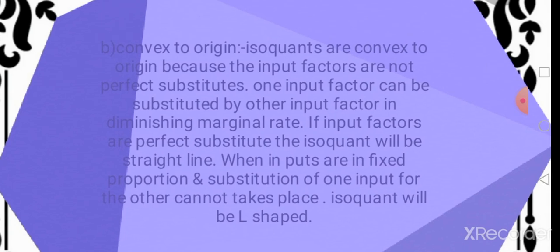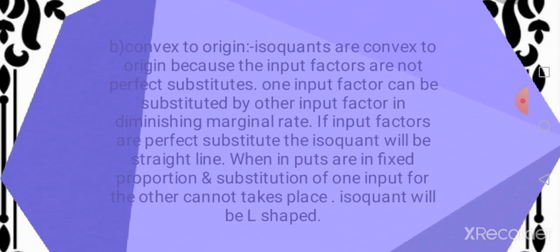So the isoquant curve is convex to the origin. One input factor can be substituted by the other input factor at a diminishing rate. If the input factors are perfect substitutes, the isoquant will be a straight line.